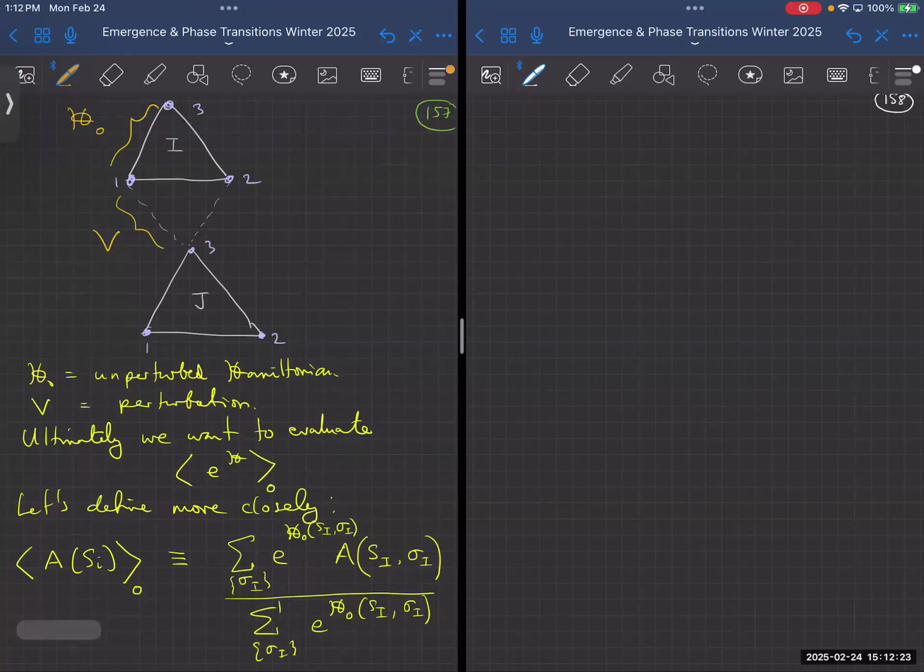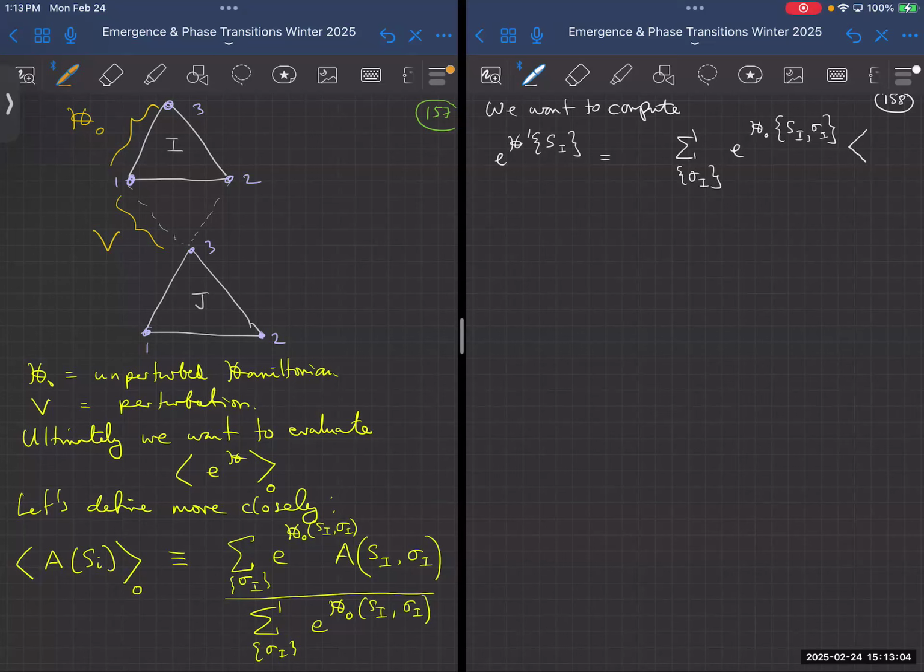So actually, what we want to compute, this e to the h prime, just depending on the block spin variables, is then going to be the sum over the microscopic variables of e to the h naught as a function of Si and sigma I. And then I've got V, which is the interaction between spins.